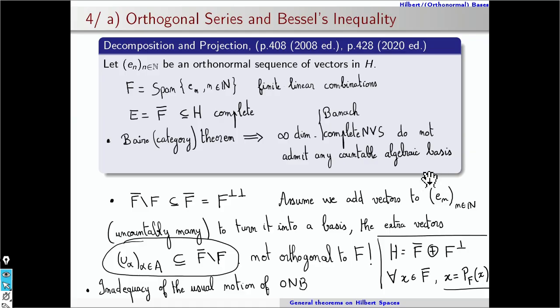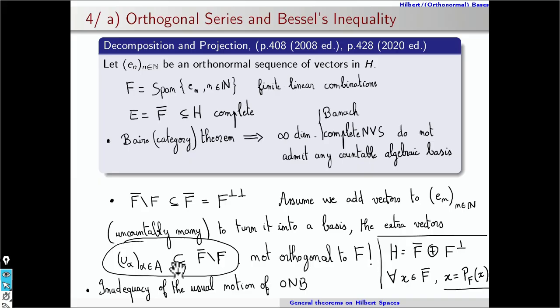And if we complete En into an algebraic basis, then we observe that the additional vectors cannot be orthogonal to the En. Indeed, we have seen that the elements in the closure are in the orthogonal of the orthogonal, so they are not in F orthogonal.